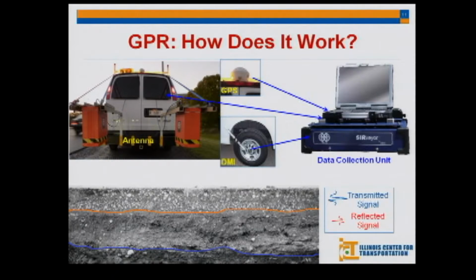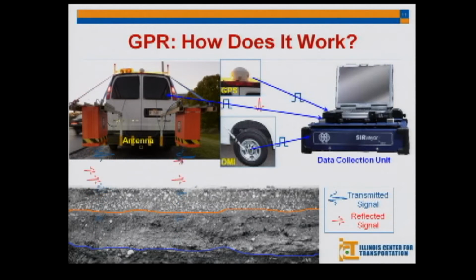So let's see how the GPR measurement is done. You have a distance measuring instrument, which is attached to the tire, or you have a GPS, or a combination of both. These will be sent to a modulator which generates the pulse and sends it to the antenna. The antenna sends the pulse to the ground.